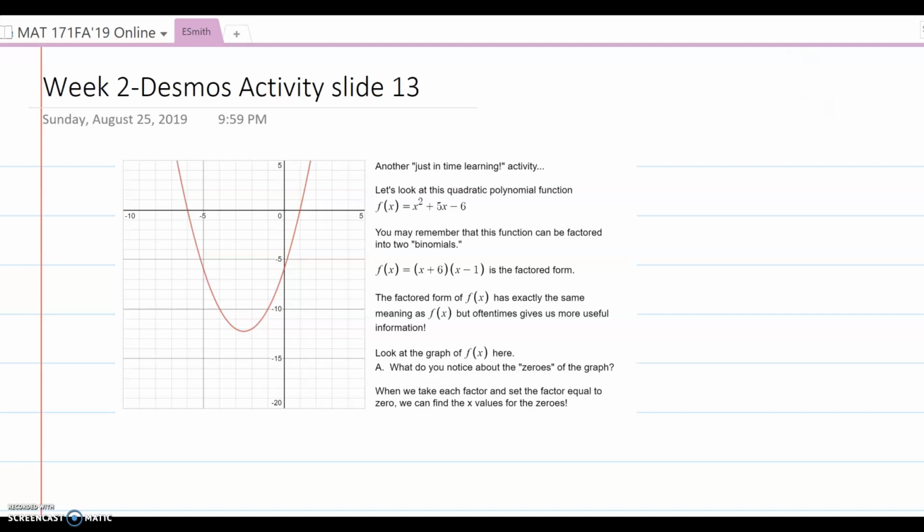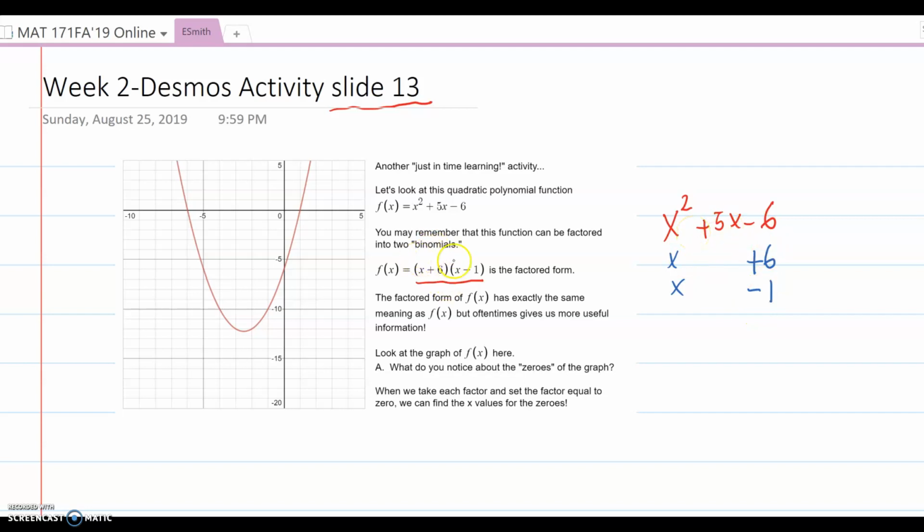Yes, on slide number 13, you were right, the factoring was wrong. When you factor x squared plus 5x minus 6, you need multiples of 6 and -1, because when you multiply them, you get -6, and when you combine them, you get 5.